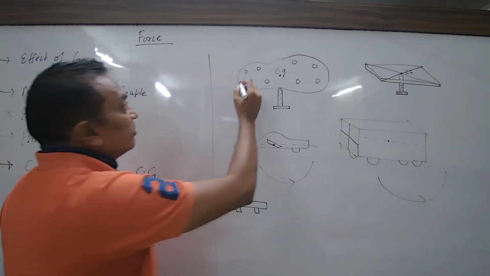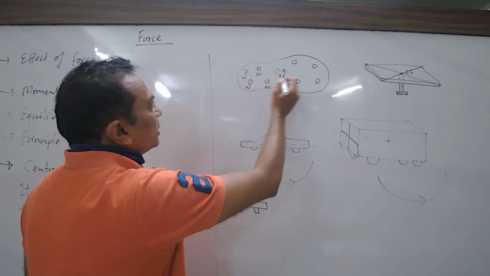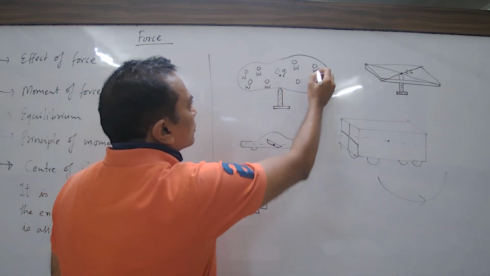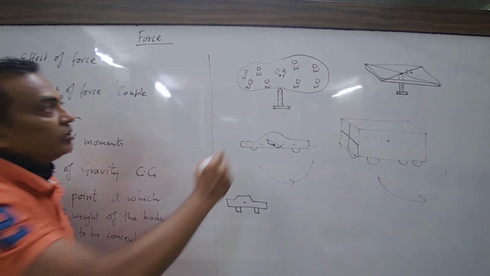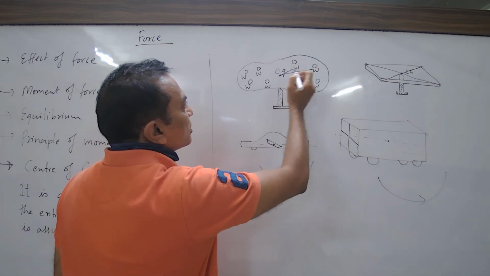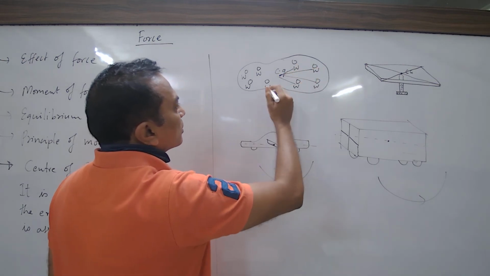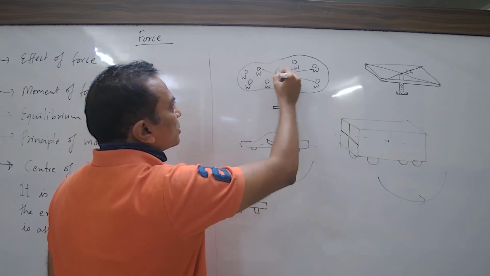They will all have weight, say W. All these elements are pulled by W. So there will be a moment of force by all the weights on the right of the CG. Also there will be a moment of force by all the weights on the left of the CG.